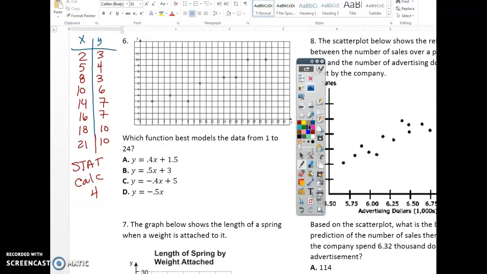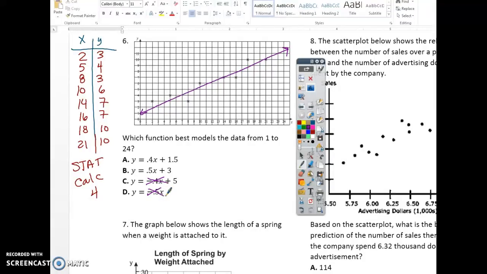Here's an easier way. You see all these points? This is a scatter plot. So you need to draw the line of best fit. That means the line that goes through the correlation. Is this a positive slope or a negative slope? So the ones with negative slopes are out.